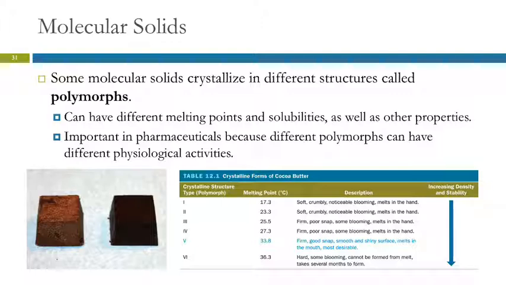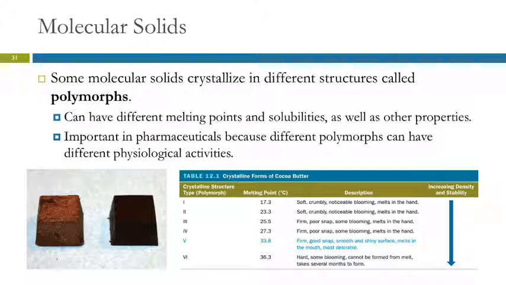And those polymorphs can have different properties. An interesting example of this is chocolate. When you make chocolate, the part that makes it chocolate is the cocoa butter.